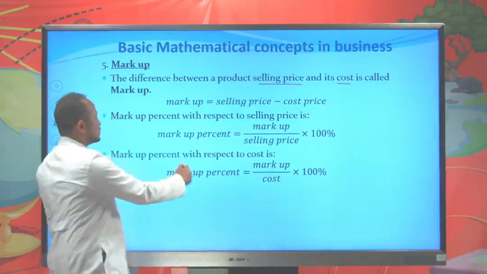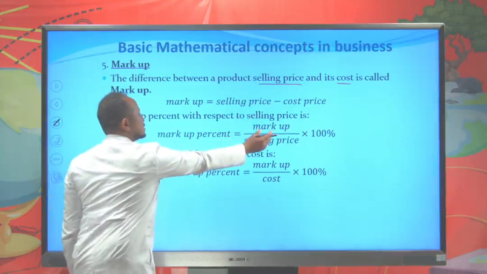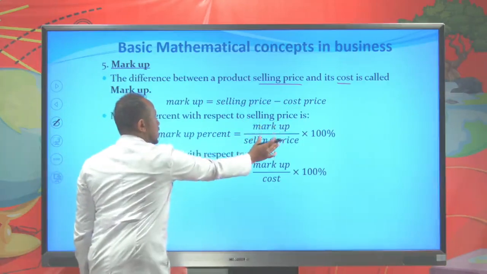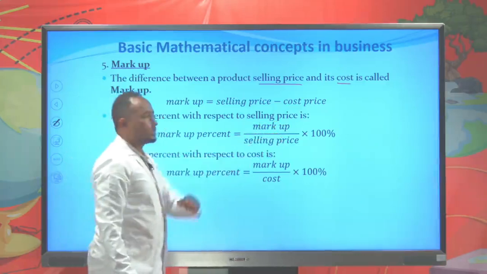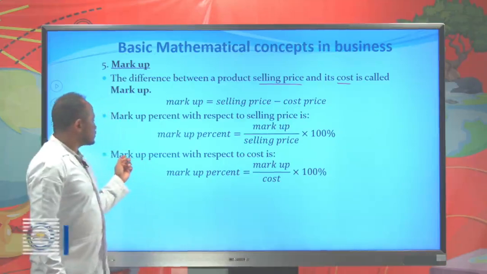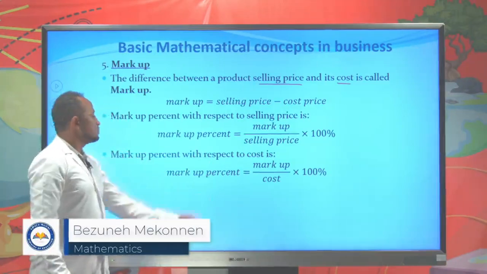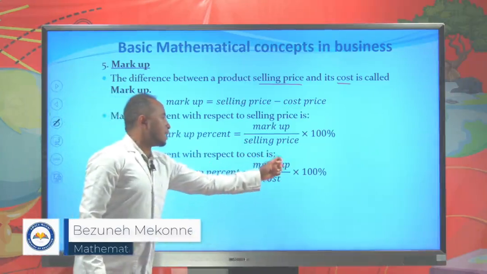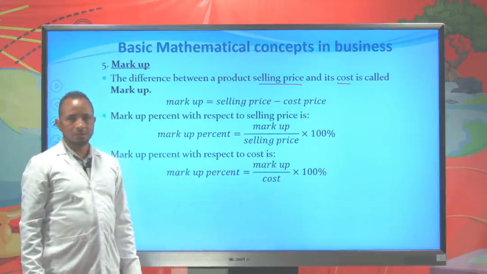If you are asked to calculate markup percent with respect to selling price, simply divide the markup by the selling price and multiply it by 100% to convert into percent. If you are asked to calculate markup percent with respect to cost, simply divide the markup by the cost and multiply it by 100%.